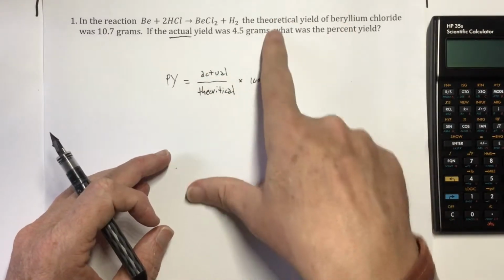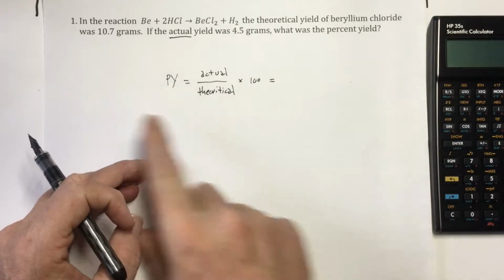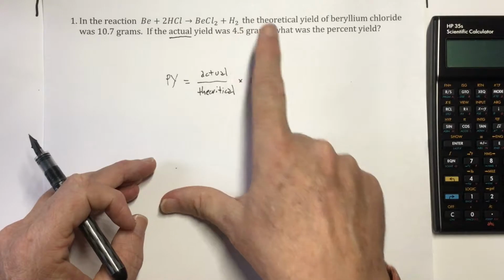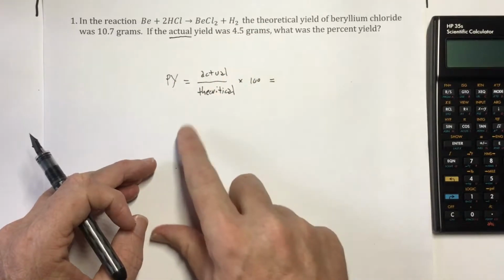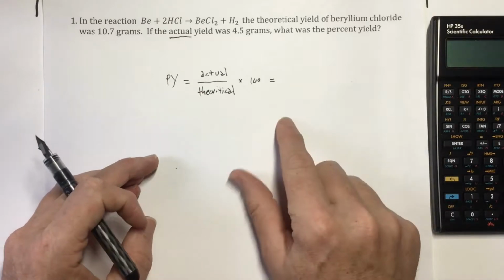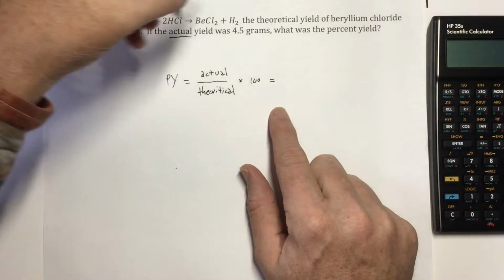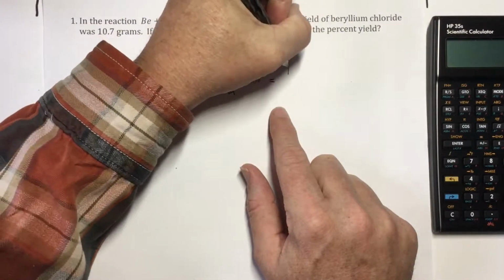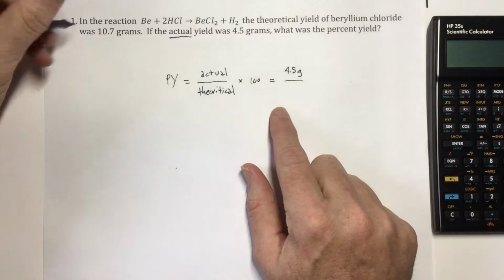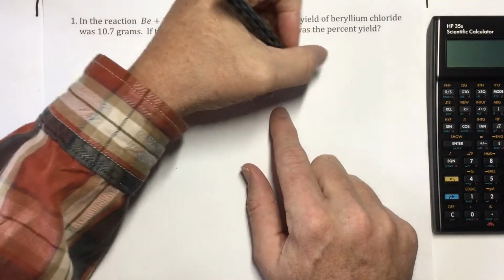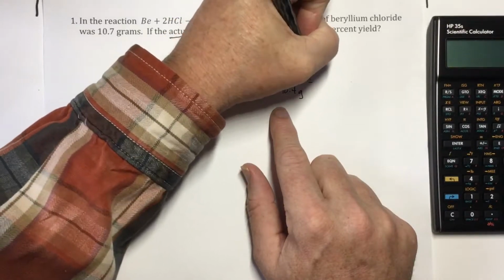So here we've done the stoichiometry already, and we found a theoretical yield of 10.7 grams. When we actually ran the experiment, we found that there was only 4.5 grams of beryllium chloride that resulted. So we will take the actual, 4.5 grams, divided by the theoretical, 10.7 grams.